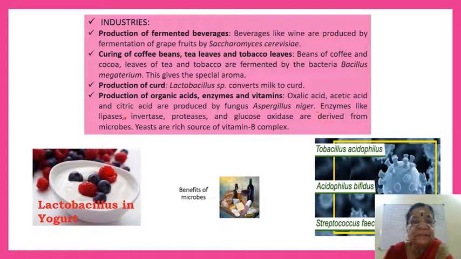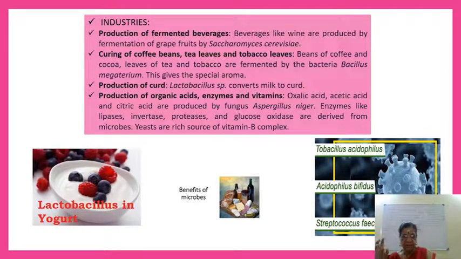Then enzymes like lipase, invertase, proteases and glucose oxidase are derived from microbes. Another one, yeast are the rich source of vitamin B complex.